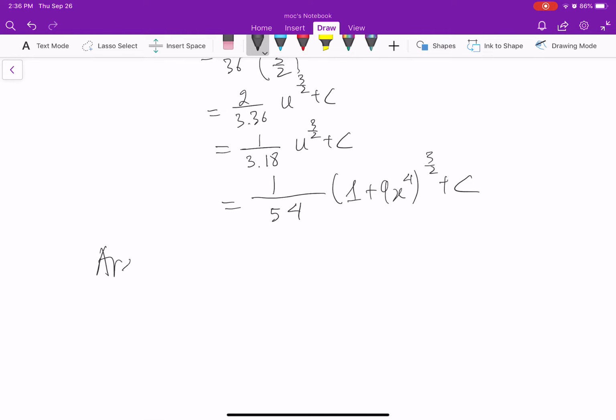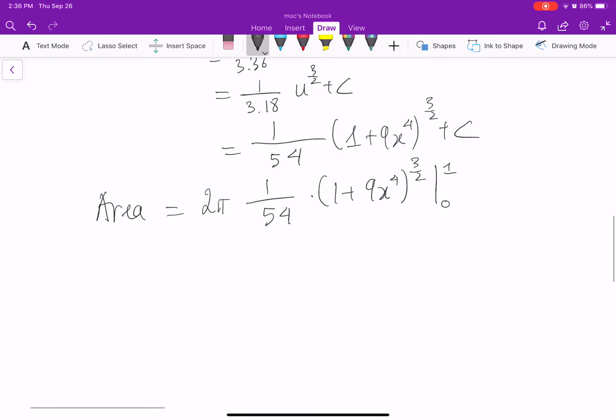So I have the area equal to 2 pi times 1 over 54 times 1 plus 9x to the 4, to the 3 over 2, evaluated from 0 to 1. And my job is just to plug everything into this formula. I have pi over 27 because we just simplify the 2.